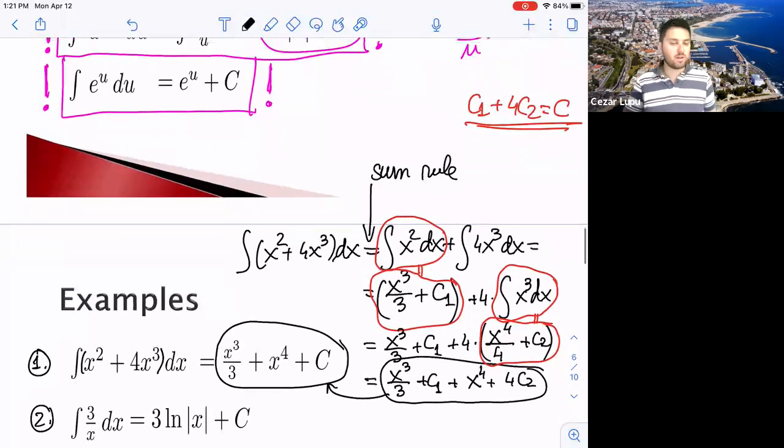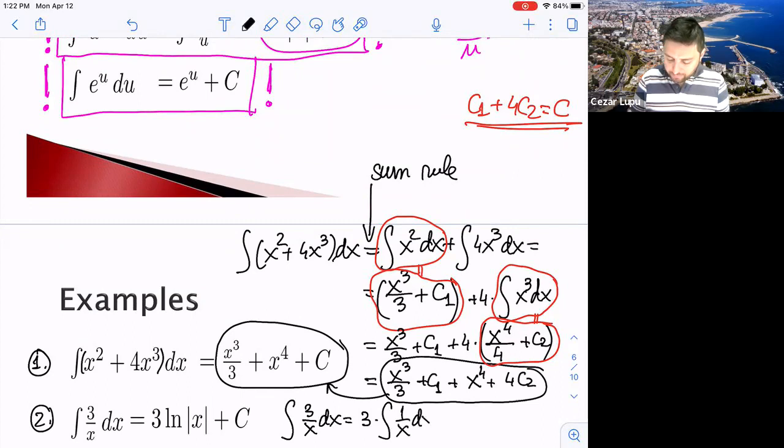So in our case, we're just going to take the 3 out. So we apply the constant rule. So let me write it here, in details. The integral of 3 over x dx is nothing else than just 3 times the integral of 1 over x dx. And this will be 3 times ln of absolute value of x plus a constant c.